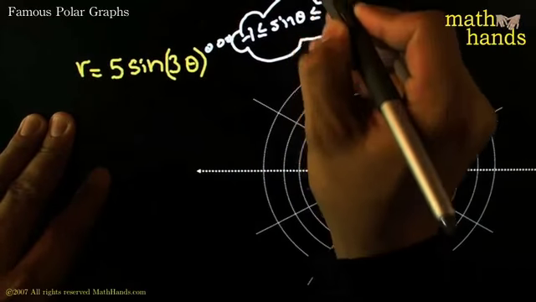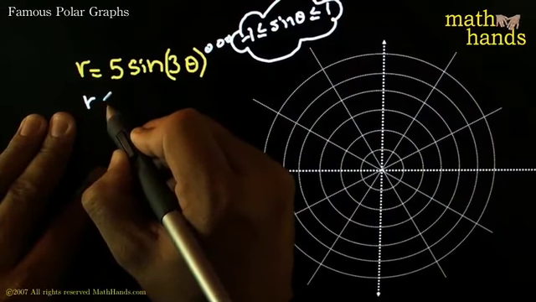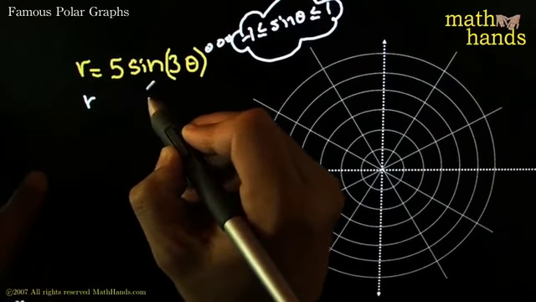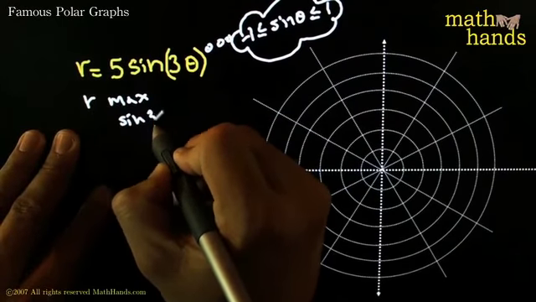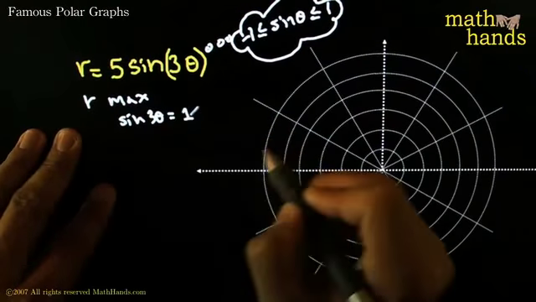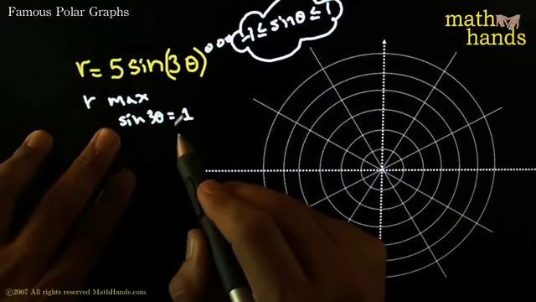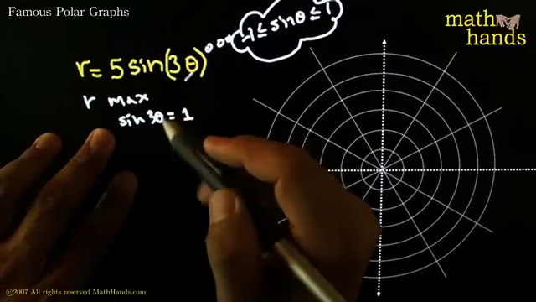Let me do a little analysis here. R would be max or min. Well, let's just do max first. R would max out whenever sine of 3 theta is equal to 1. That's the maximum possible value of R. Whenever this piece is 1, it's reaching its full potential.